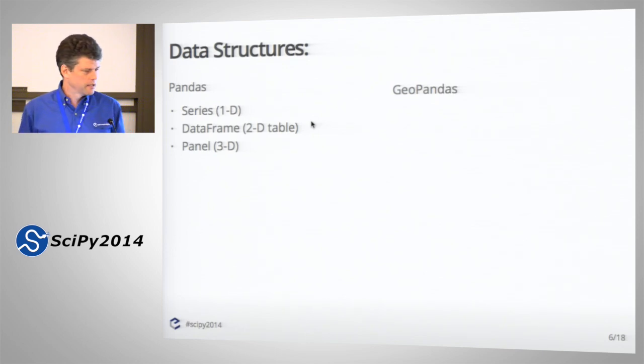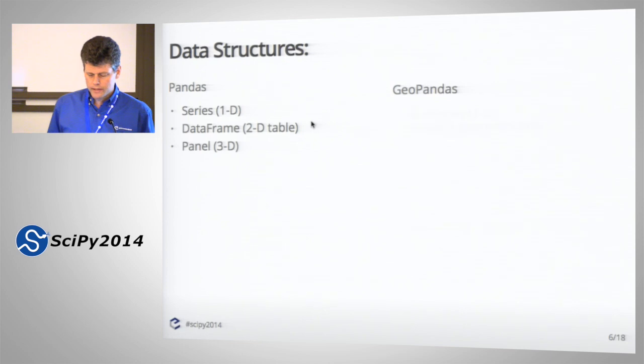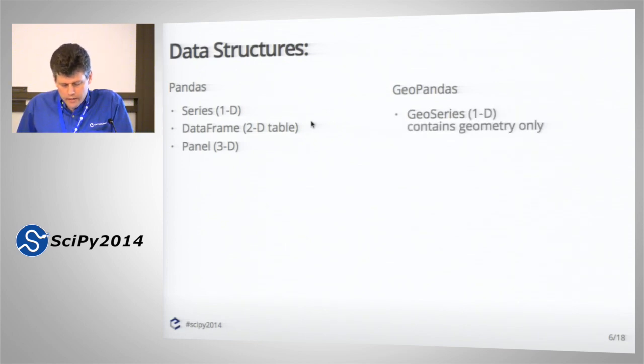There's even a 4D panel experimentally. But those are the main data structures. Now, in GeoPandas, by subclassing the Pandas series, there's a GeoSeries, which is a 1D series that can only contain geometry objects. So it's the same Pandas index applied to geometric objects. That's all a GeoSeries is, and it has some special methods and attributes that you can use to work with that data.